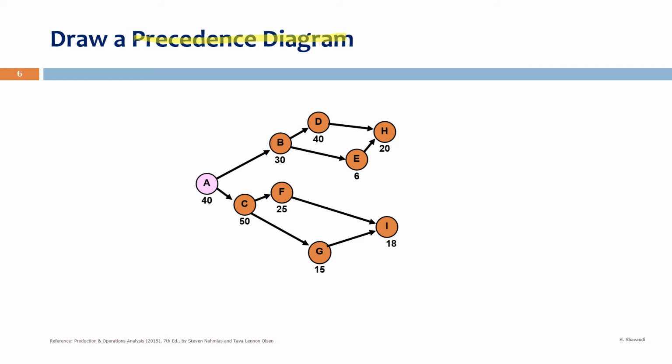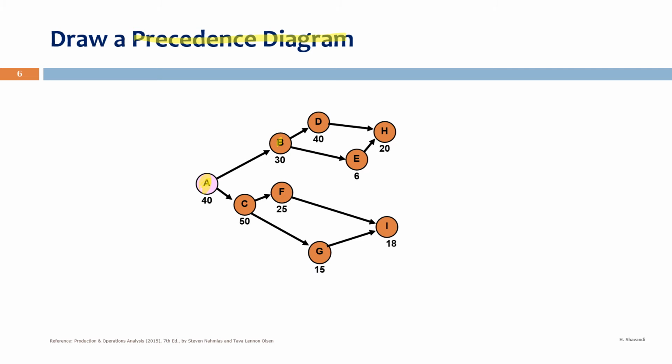So each node here is one of our work elements, and the arrows, or the arcs actually, are showing the precedence relationship. So A is a prerequisite for B, and then B is a prerequisite for D and also E, and then H has two prerequisites, D and E, as you see here.